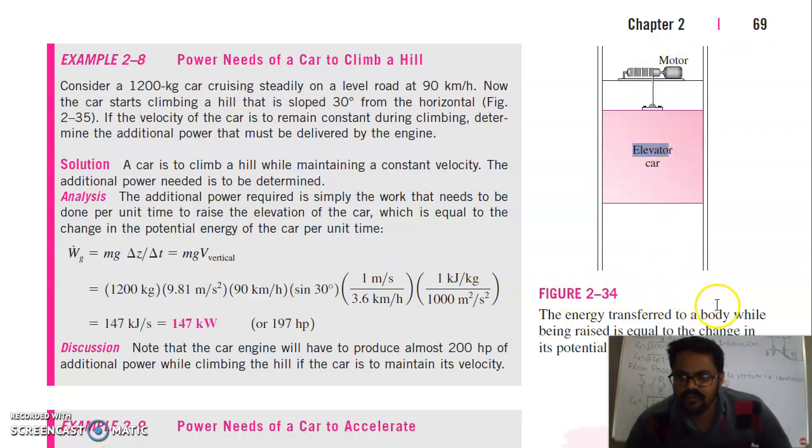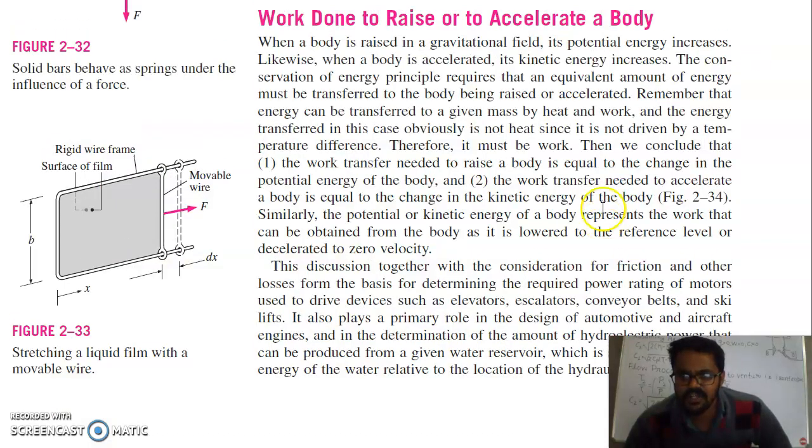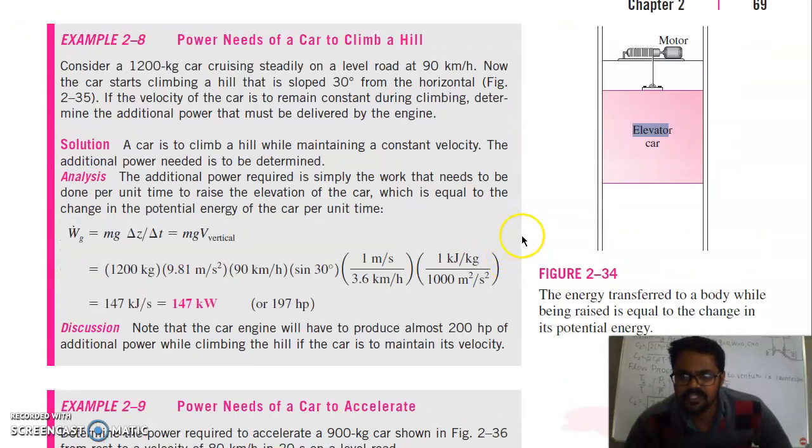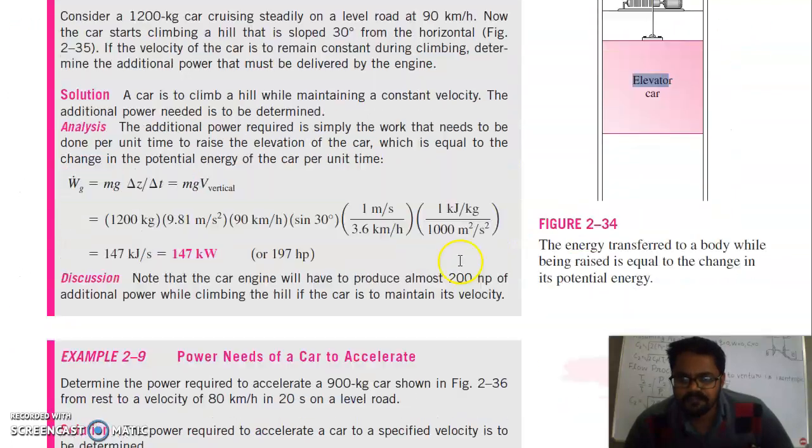The energy transferred to the body while being raised is equal to the change in potential energy. If the elevator is at an initial level and then changes level, the height gained gives the change in potential energy, which you can calculate by mgh. So this is the work done to raise or accelerate a body.